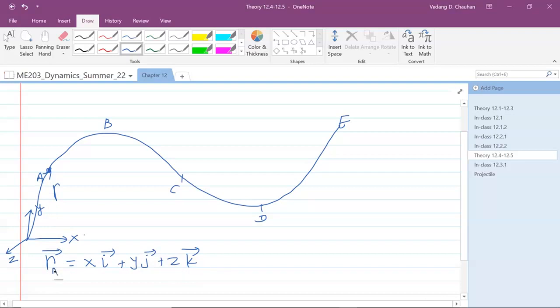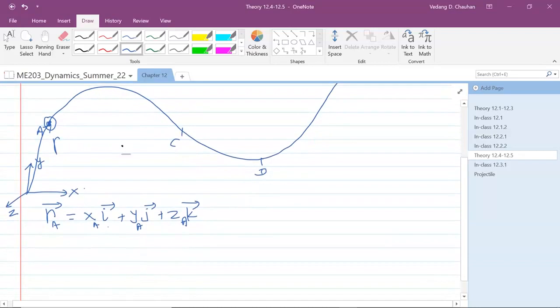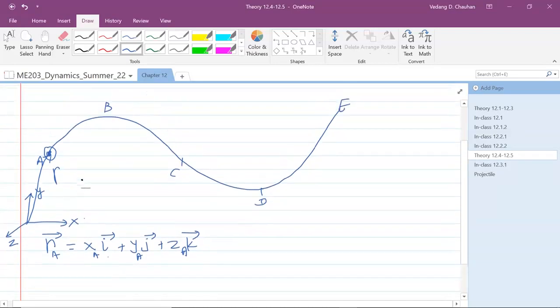So if the position vector is written for A, we can say that this is XA, YA, ZA, where XA, YA, and ZA are the X, Y, and Z location of point A, and where i, j, k are unit vectors. This is what statics has covered: what is a position vector and how to find it.